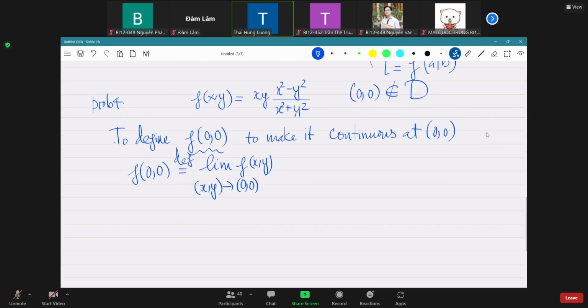That means you already extend the function f continuously to the point (0, 0). So the main step of this problem is to find this limit. Let's think a little bit about how to find the limit of this two variable function. It's quite different from the problem of finding the limit of a one variable function, where you have many tools.